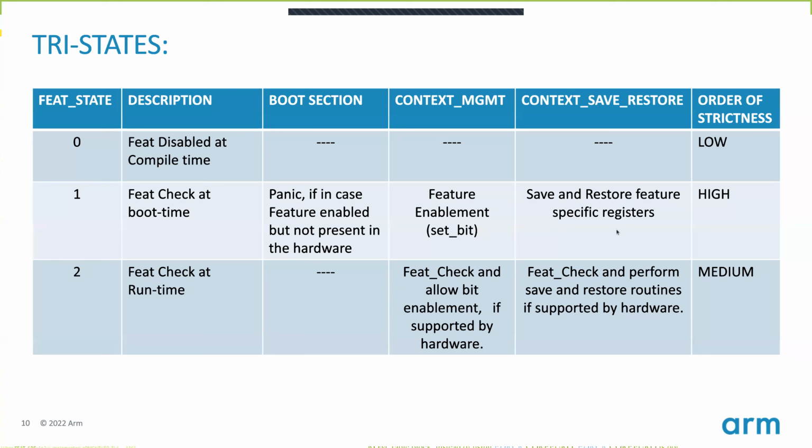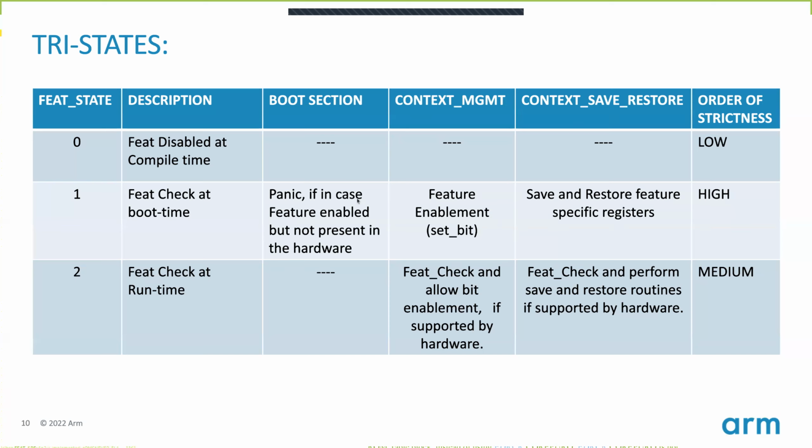If all the features which have been set by the platform are valid, and this particular section passes, then in the subsequent sections, that means during context management as well as in save and restore routines, we will be very much assured that all the build flags are properly set. So in these two phases, we will not be reading the ID registers again and again.